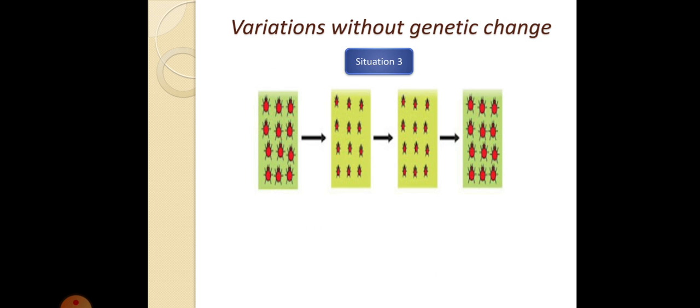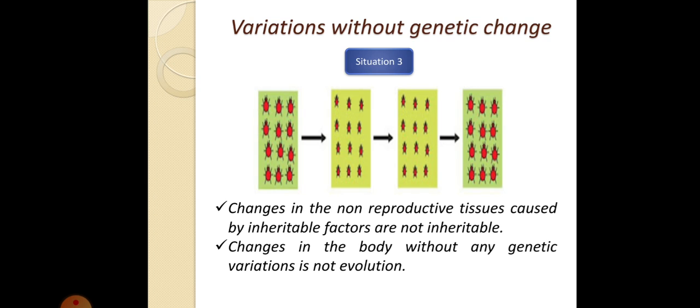Because the third situation is variation without genetic change, okay. In situation 3, you can see there was no change in the DNA of the beetles, and changes in the non-reproductive tissue are not inheritable, okay, clear.